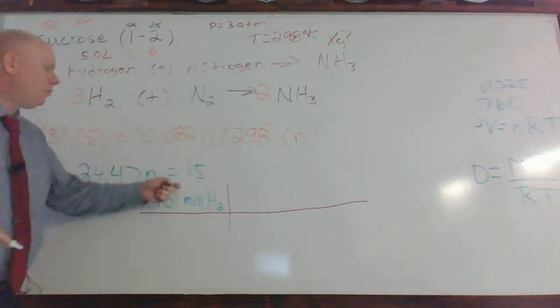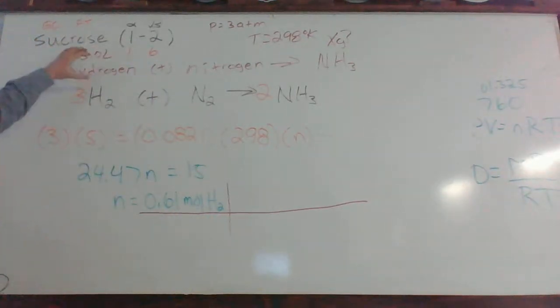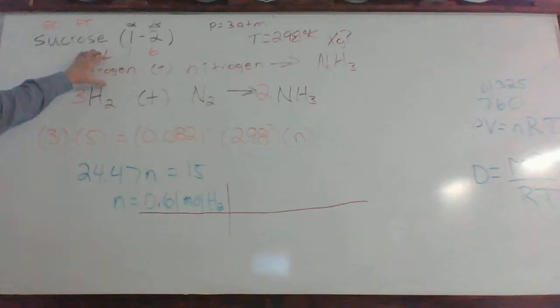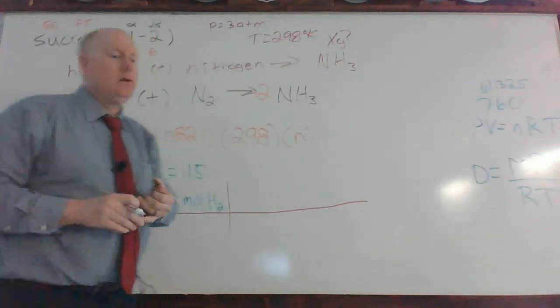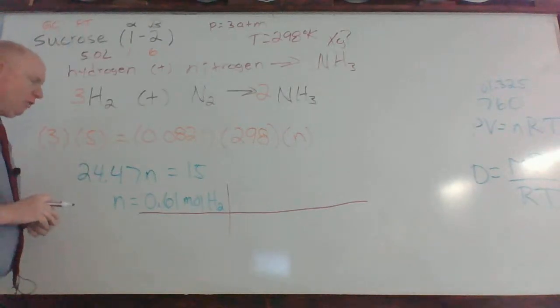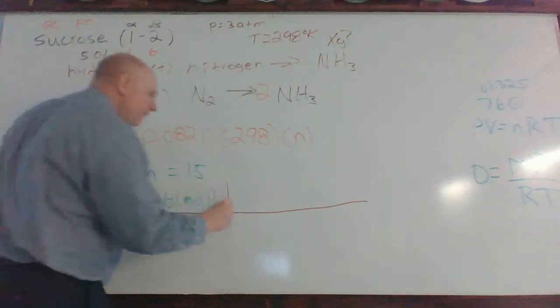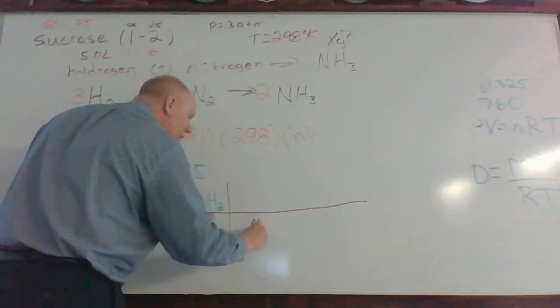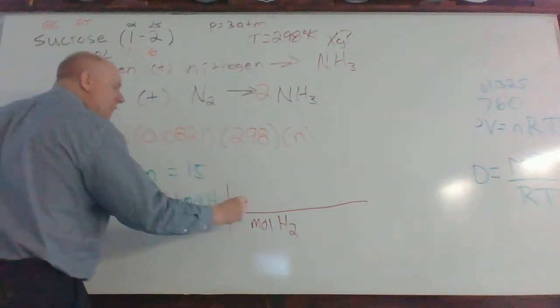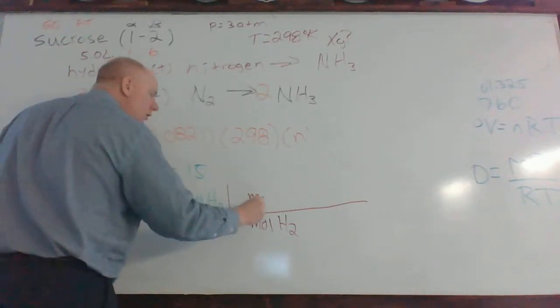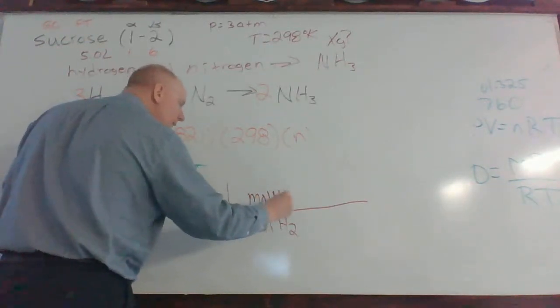So how do we get this mole of hydrogen? Remember, we're on the left-hand side of the reaction. We need to get to the right-hand side. So what's our next? A mole to mole ratio. What goes on the bottom? So mole of H2 with what goes on top. Okay.